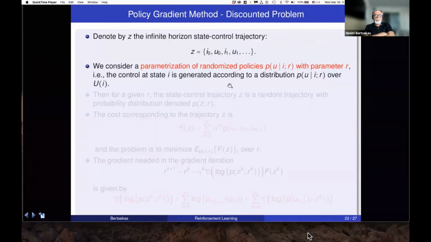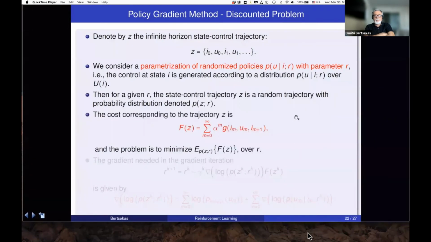We update the parameterization of the randomized policies. So the cost function now is just the usual discounted infinite horizon cost, and z, of course, is this sequence here, and f of z is this sequence here. It's something that's random, and the problem is to minimize this expected value over r.